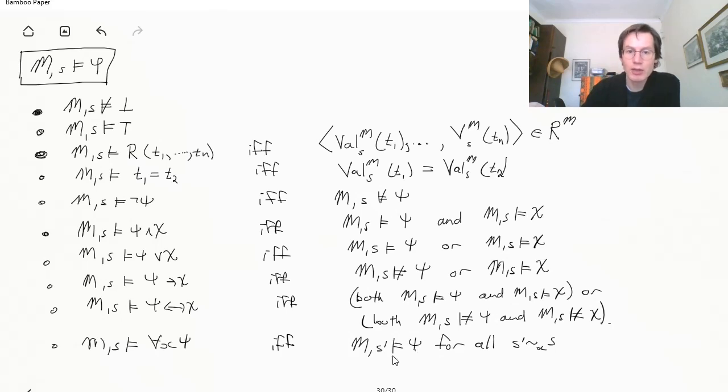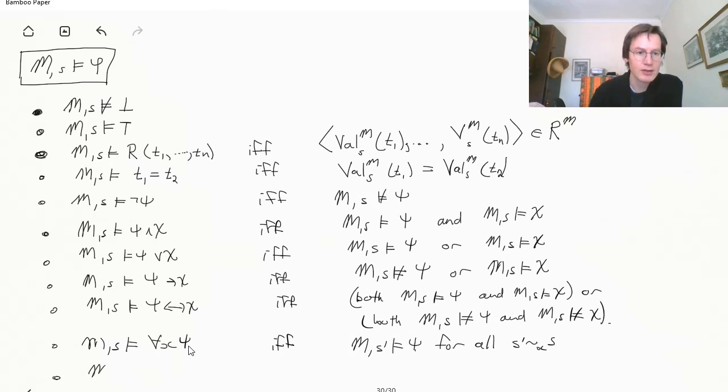But basically what we're doing here is running through all possible values in the domain, all possible elements of the domain, and assigning them one after the other to x, and then seeing whether under that assignment psi is true. And if that's the case, then for all x psi is satisfied in this structure relative to the assignment S.